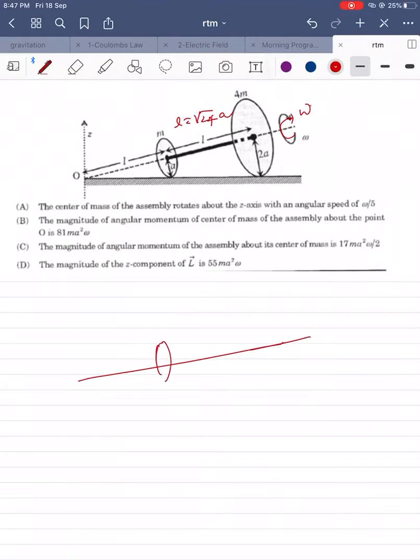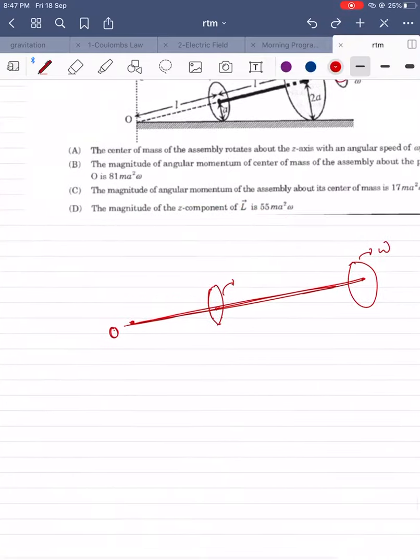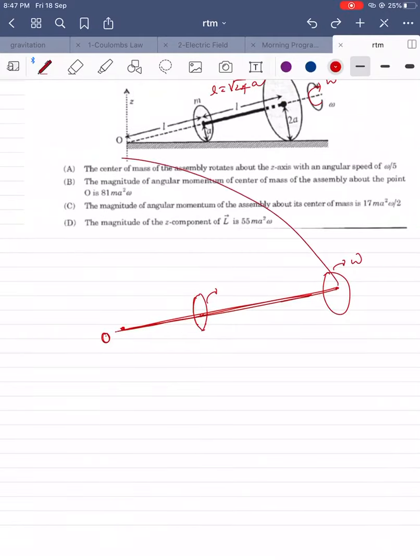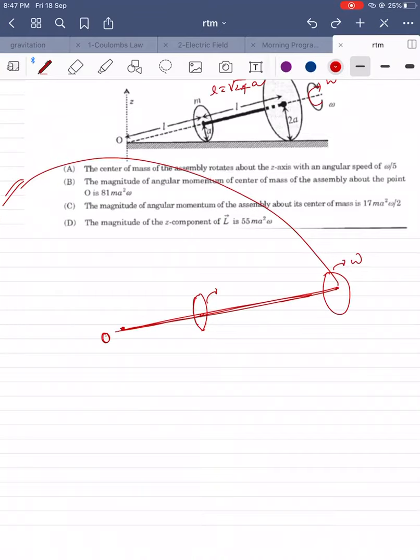But if this is moving with angular velocity omega, they are doing circular motion about O. Ideally both are doing circular motion like this. Two objects are doing circular motion, so they move with the same angular velocity.